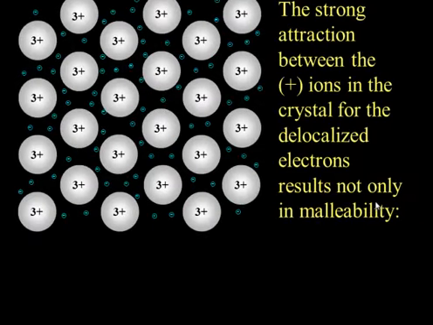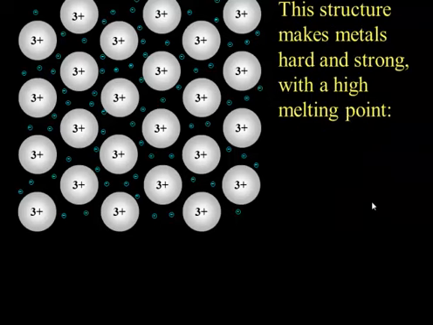The other thing, we talked about it before, is the strong attraction between the positive ions in the crystal and the delocalized electrons. In addition to malleability, metals are hard and strong with a high melting point, with only one exception, just remember that. The exception is mercury.